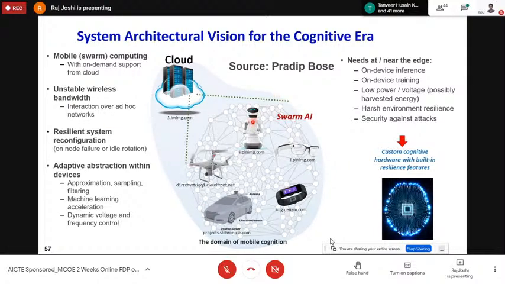The swarm consists of drones, autonomous vehicles, your wristwatch, smart goggles or frames, robots, all kinds of things. And this mobile stuff should talk to each other.